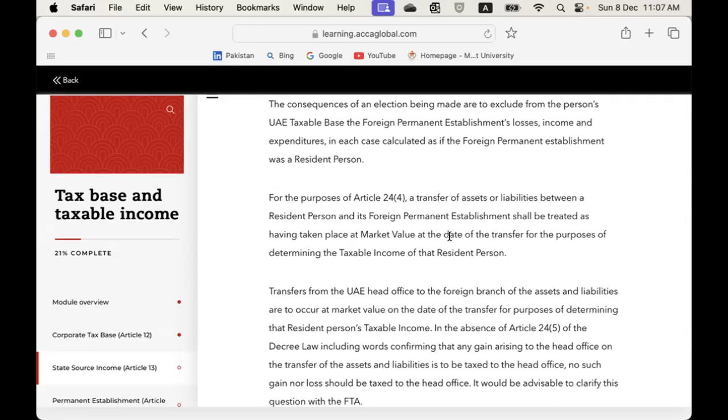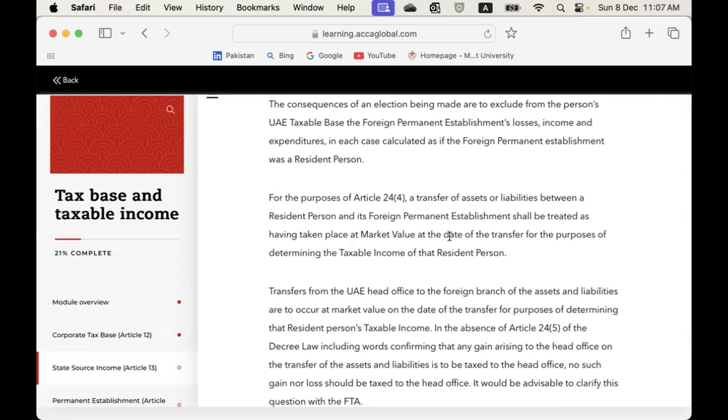But I will tell you, hopefully in one of the next sessions, we are going to discuss something which does not invoke BEPS Pillar 2 global minimum tax rules, but still the person will be subject to certain provisions of transfer pricing.